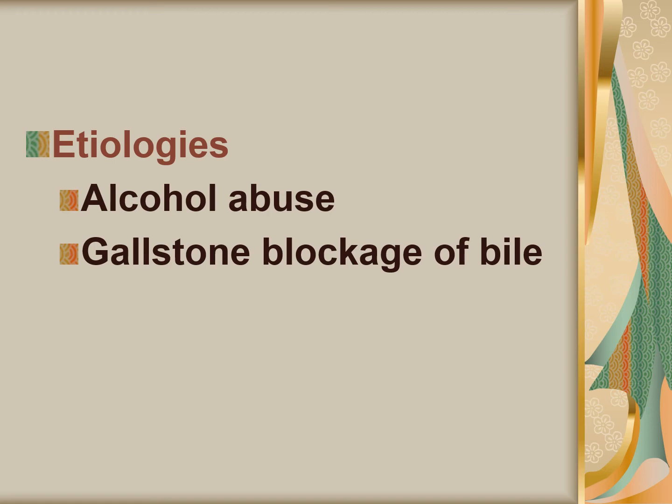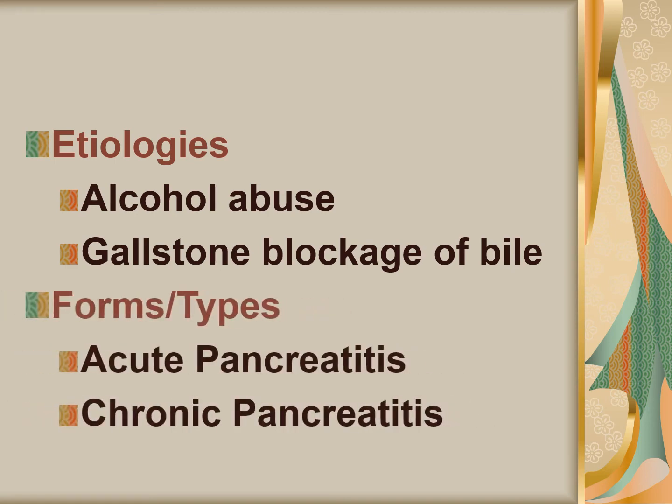Now, the majority of the pancreatic damage is going to occur when the activated digestive enzymes are not able to escape the pancreas, and they begin to attack the organ itself and basically digest the pancreas. Now, there are two forms of pancreatitis: acute pancreatitis and chronic pancreatitis.